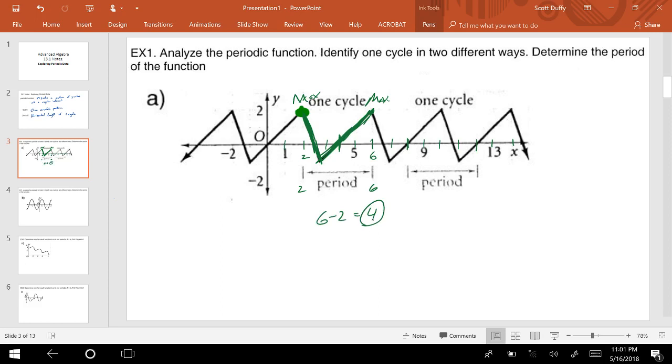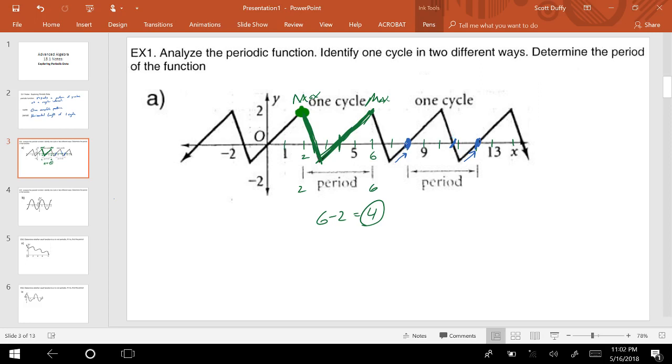Another period that they're showing us is going from one x-intercept to another. So here's an x-intercept right here, and then this is another one. We skipped over this x-intercept because as it approaches this x-intercept, it's going downward, and as it approaches this one, it's going up. So we have to go to the other one where it approaches the x-intercept going upward.